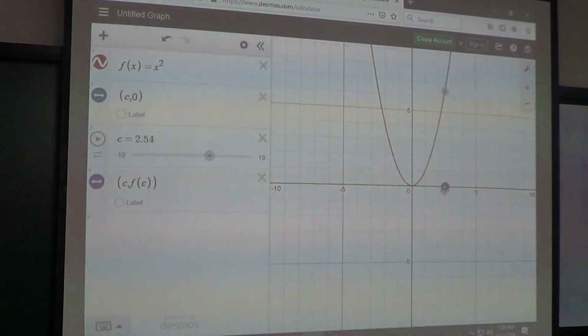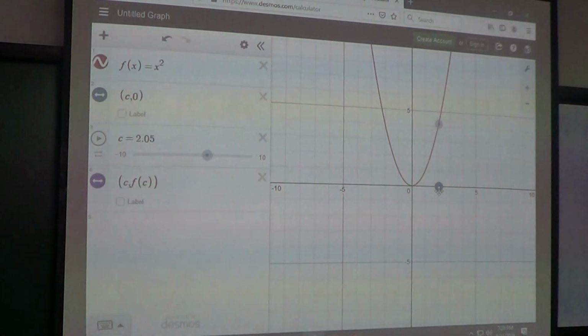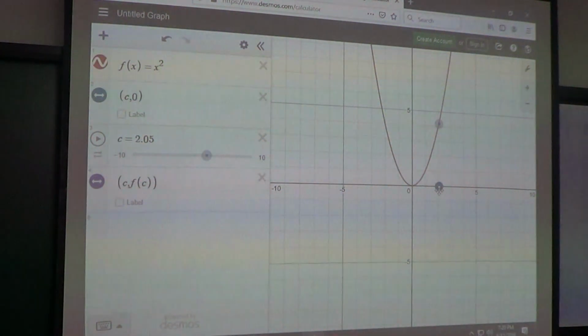So what is the meaning of this movement? Wherever you place your point, it tells you the input, and this upper point is telling you the output of that function.